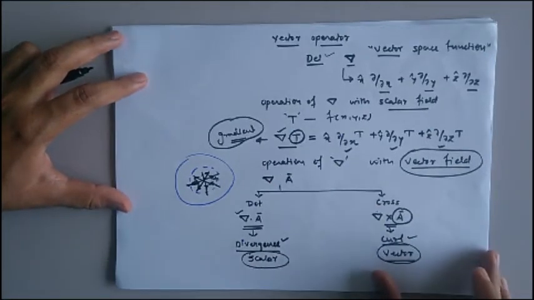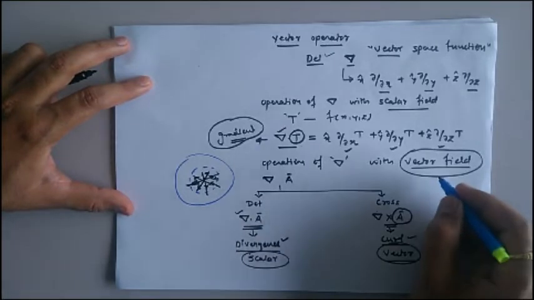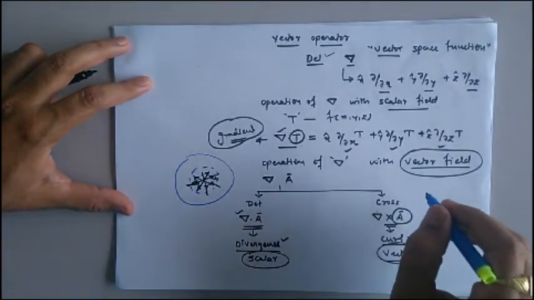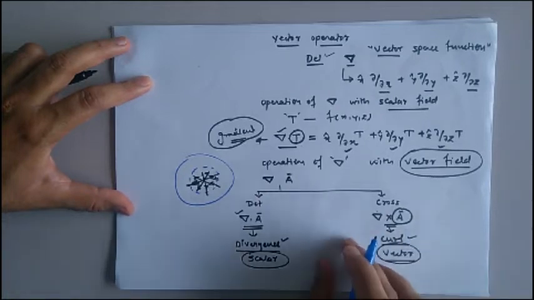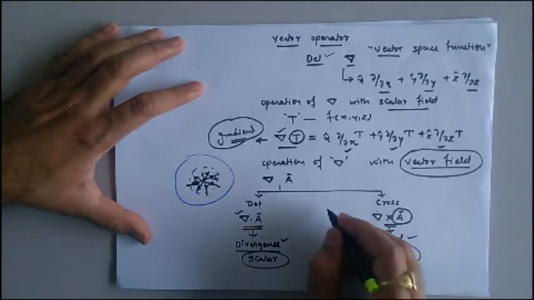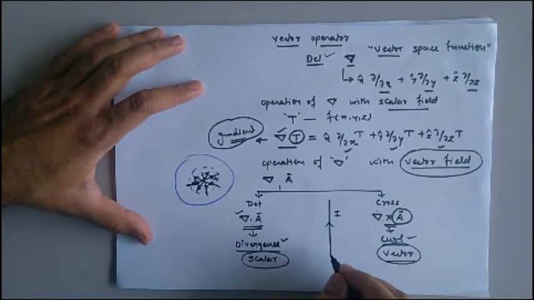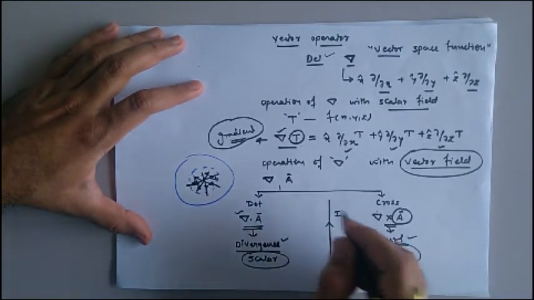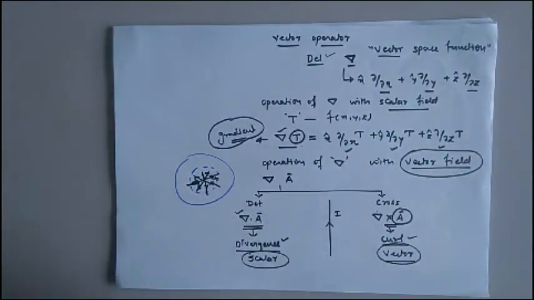In the same way, if you are interested to study how the rotation of that vector field is going to happen in a given three-dimensional system, then in that case we need to apply the concept of curl. Now let us consider a physical example for this. Let us consider that we have a conductor which carries a current I in this particular direction, and we know that when a current carrying conductor is placed, it will produce its own magnetic field in its vicinity.